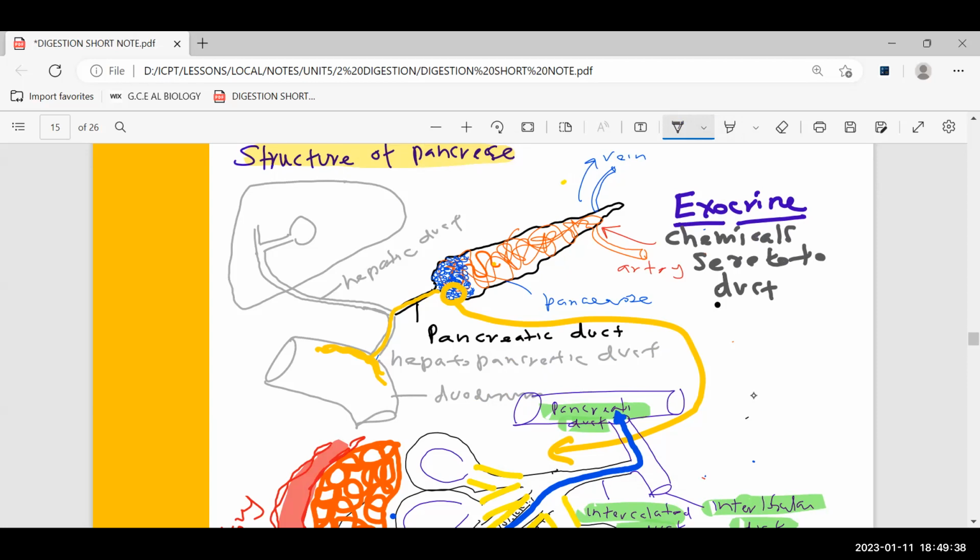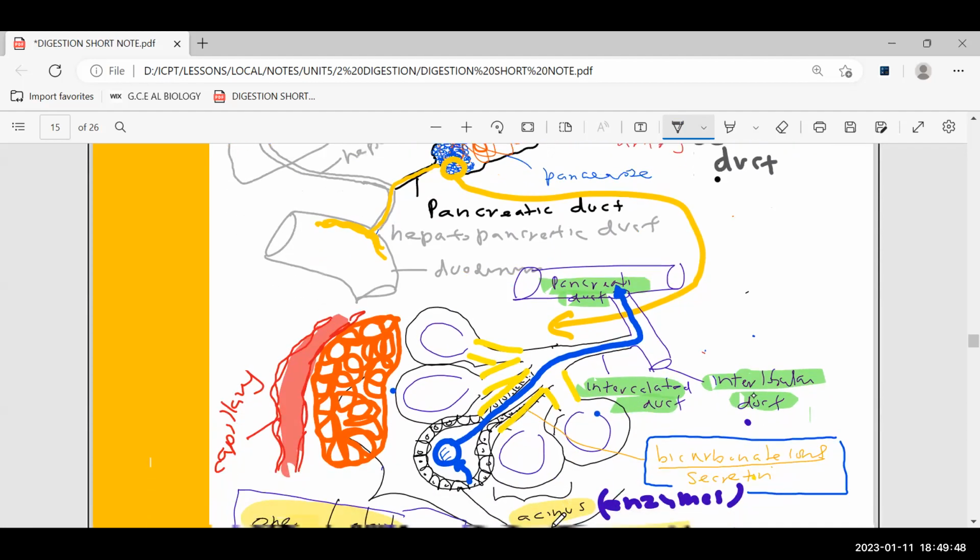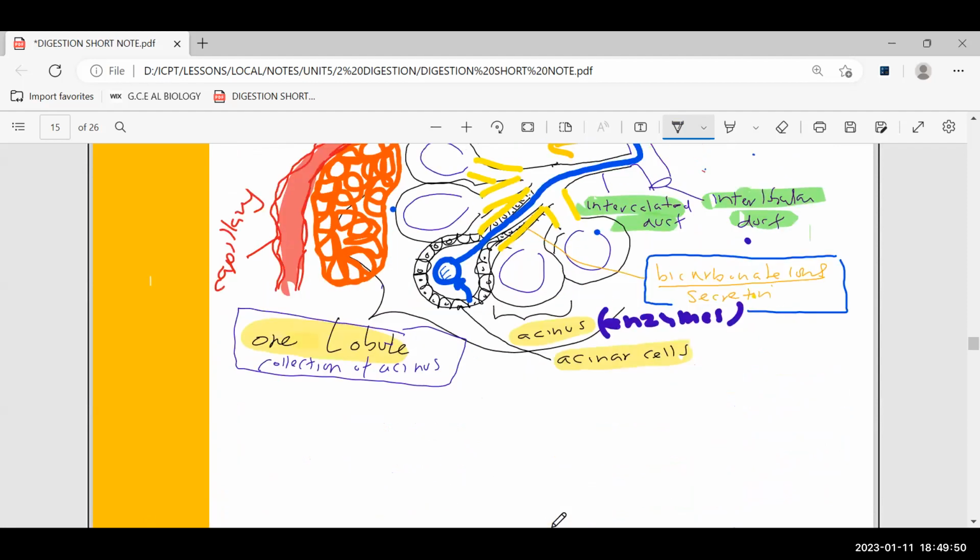Specific example, enzymes secreted to the duodenum by the pancreas is called exocrine. Now, the opposite of exocrine is endocrine. The word endocrine. Endocrine: chemicals secreted to the blood. Chemicals secreted to the blood.